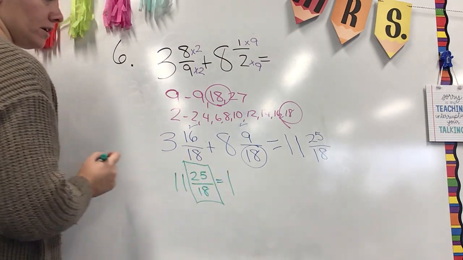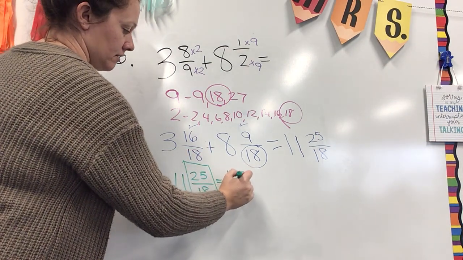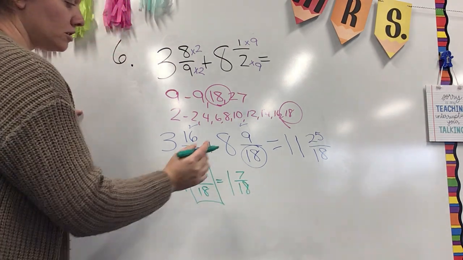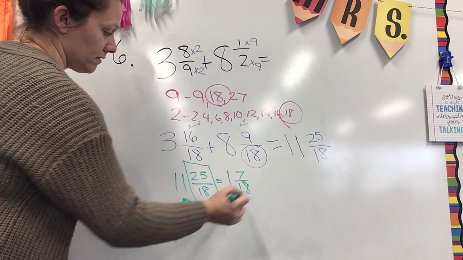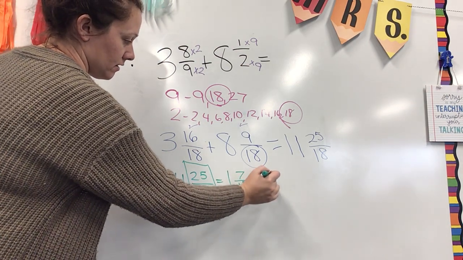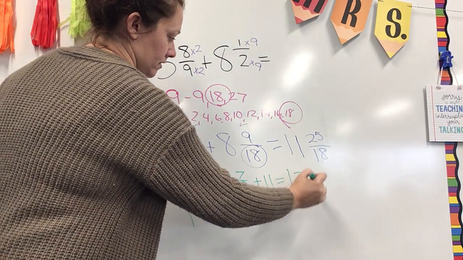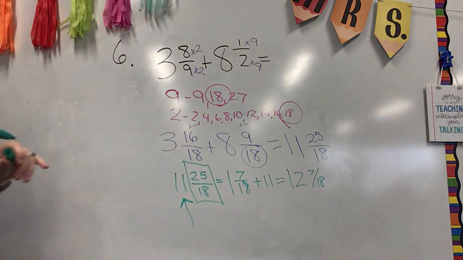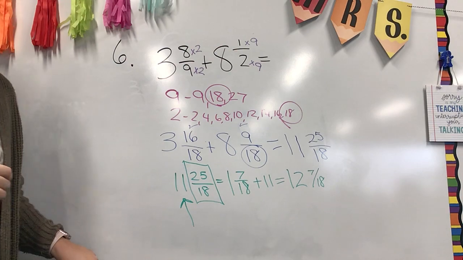With how many left over? 25 minus 18 is 7. And my denominator stays the same. And I also, though, now need to add to it the one whole number I had over here to give me 12. Are we done? Yes. Not so hard? No.